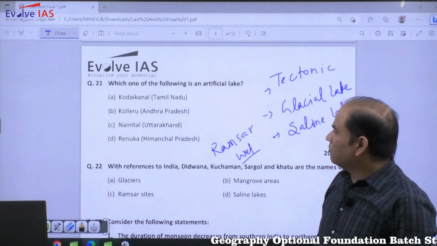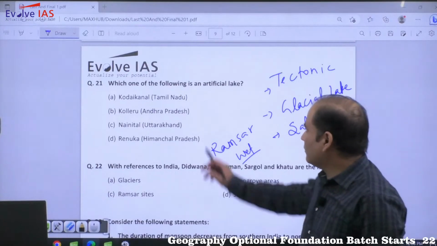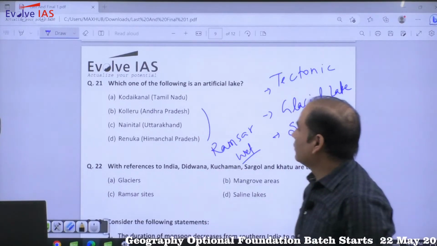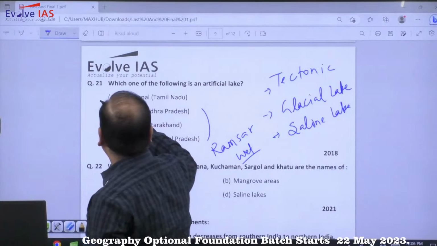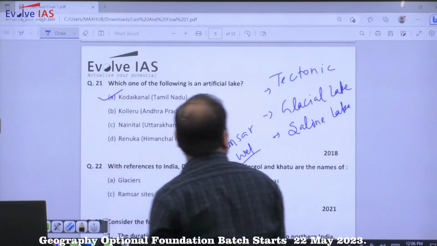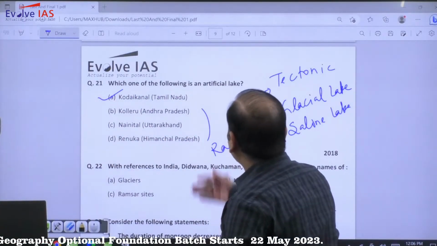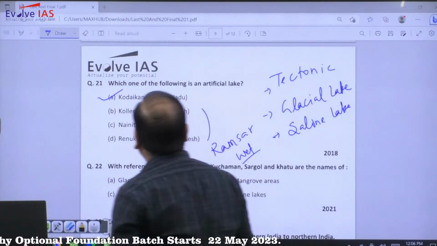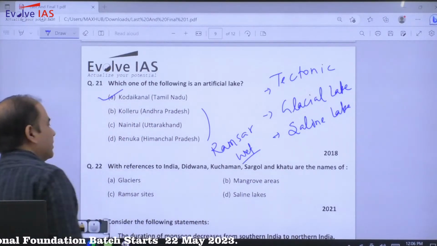So Kolleru, Nainital, Renuka, obviously all these are natural. Only this Kodaikanal in Tamil Nadu is artificial. So it is in Dindigul district of Tamil Nadu, so that is Kodaikanal.